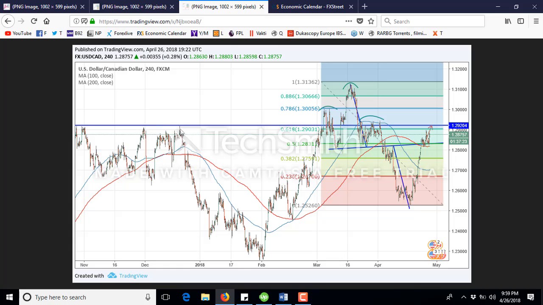Then we went up again, we touched this 129.10, and again went lower, or here it went 129.20, it depends which high you are looking at, but more or less the 129.10, 129.20 zone. And then obviously we had this big move down.